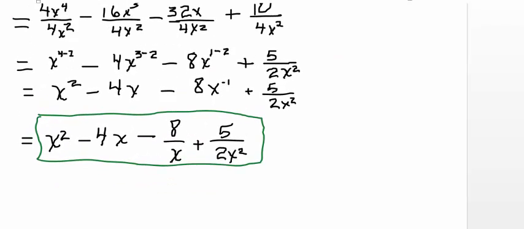Now one thing to keep in mind here is that when we did 32x over 4x squared, we divided 32 by 4 to get 8.